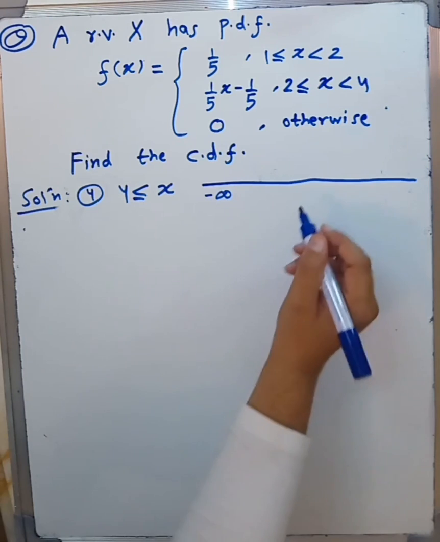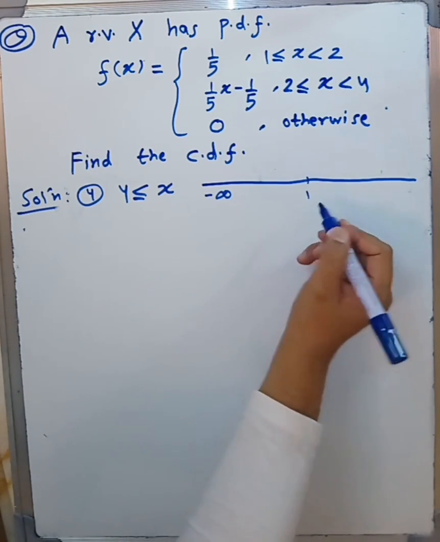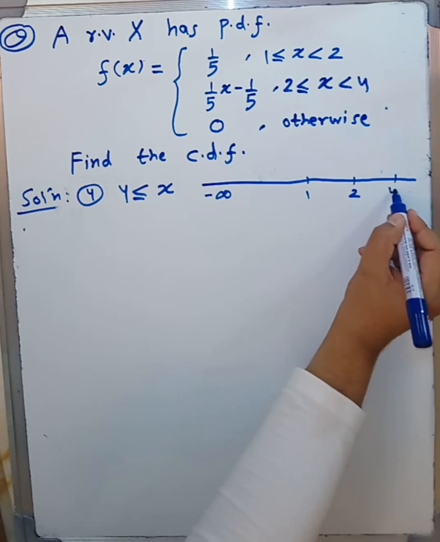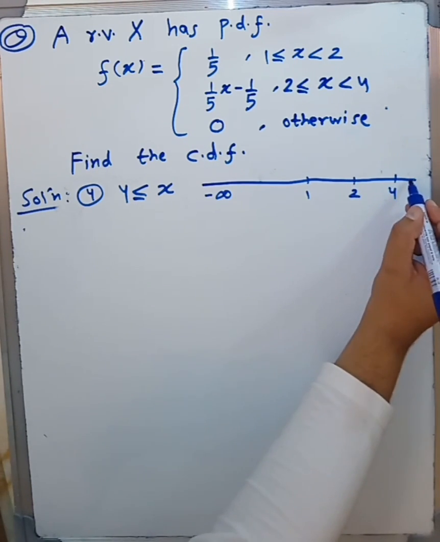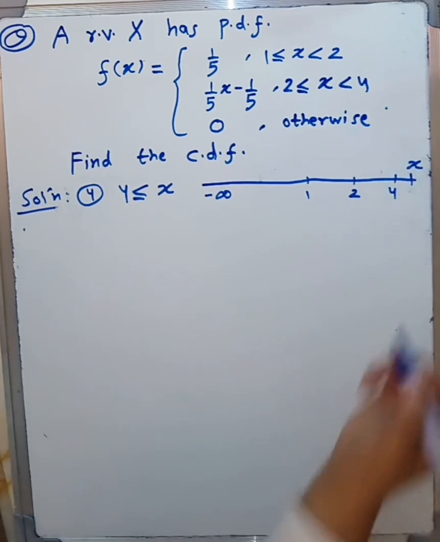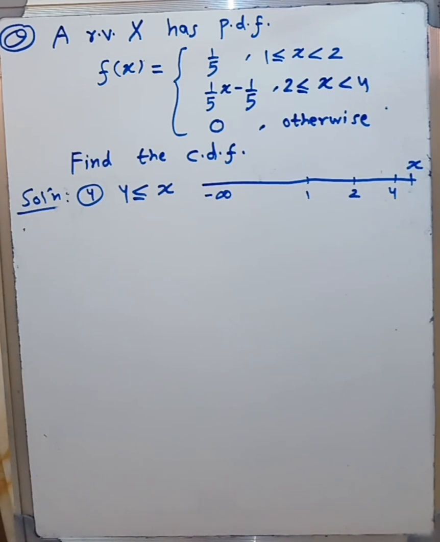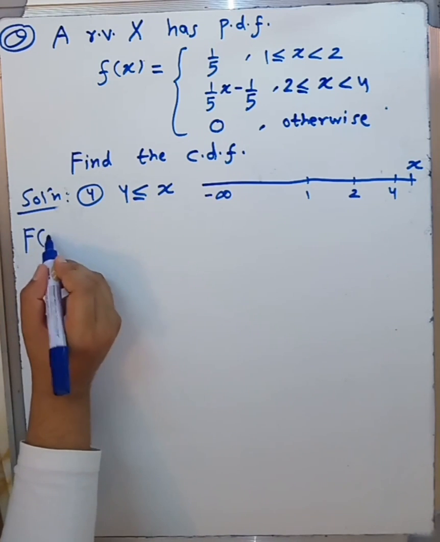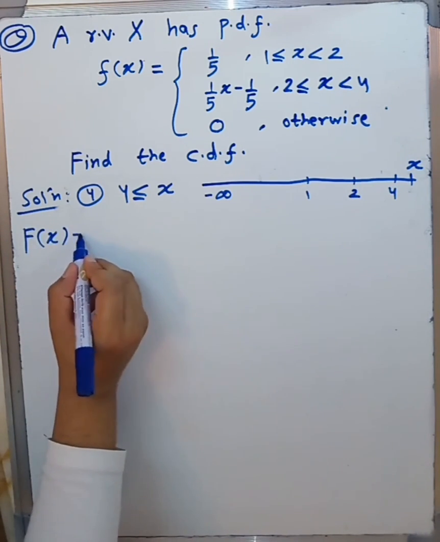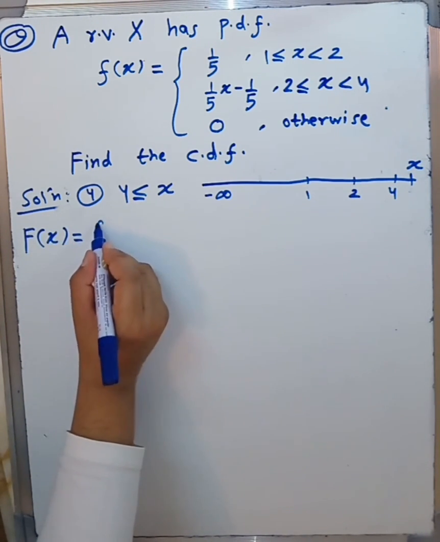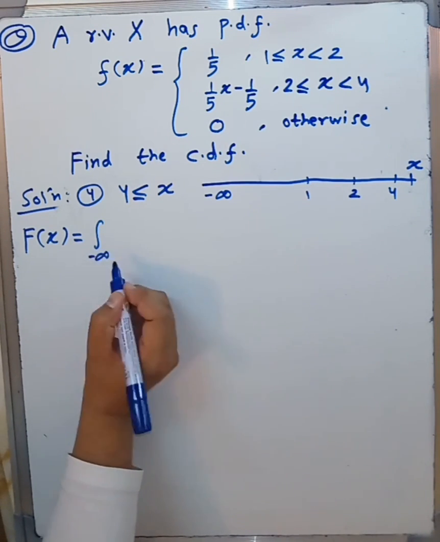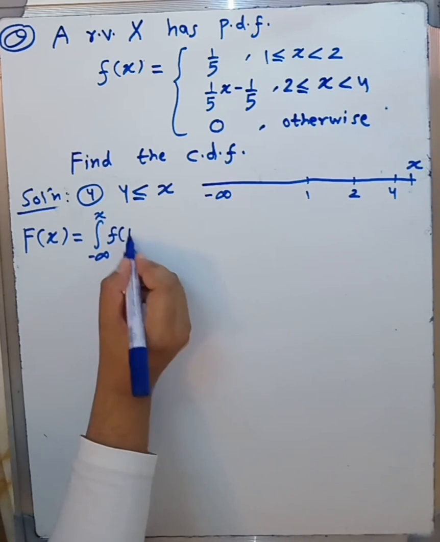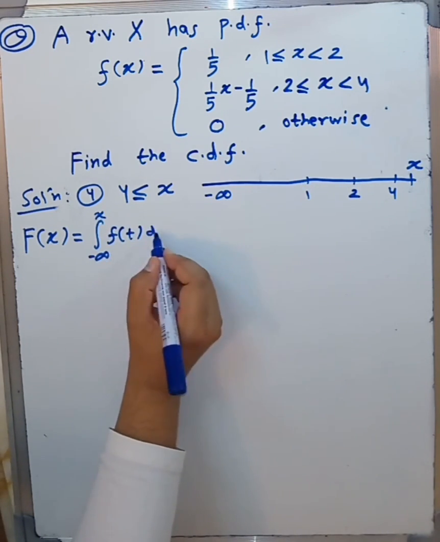Minus infinity, 1, 2, 4, and x is somewhere greater than 4. So let us find the CDF. F(x) will be the integral from minus infinity to x of f(t) dt.